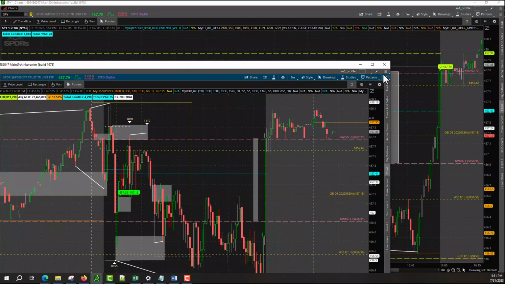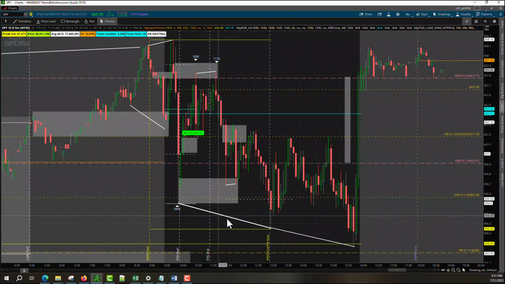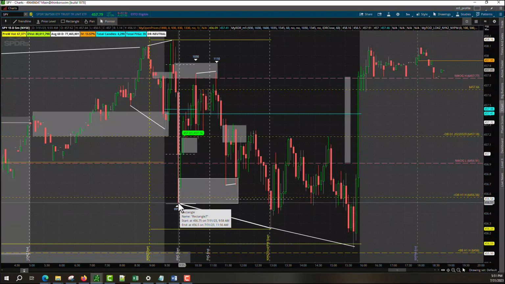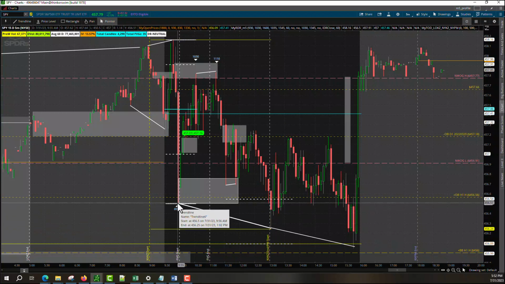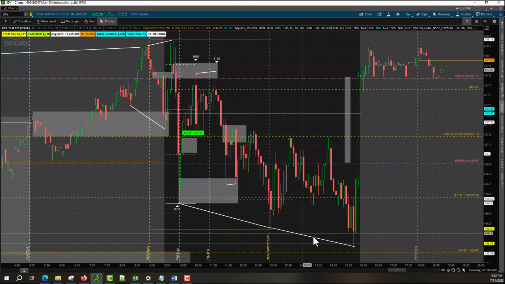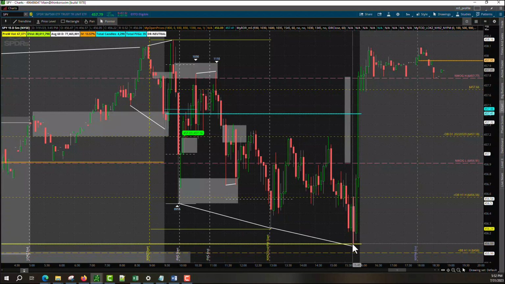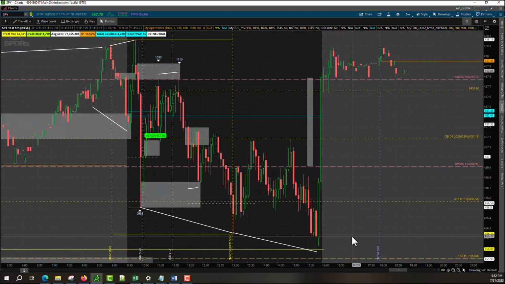See, it lines up very nicely in the 5 minute time frame. We see it wrap buy side liquidity right here. It wraps sell side liquidity, wraps sell side liquidity one more time, at 9:55, and then wow, exactly 15:45. 15:45 is a very critical time for us if we want to see the manipulation, the power of three, right?